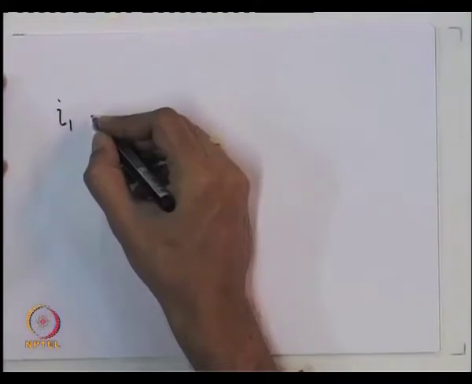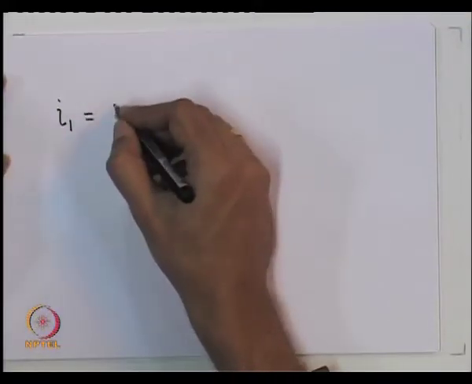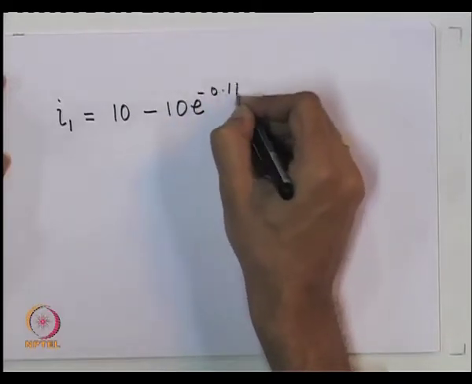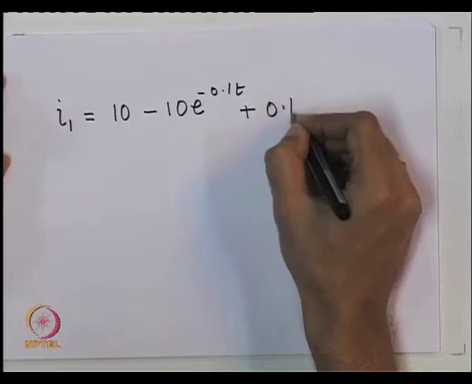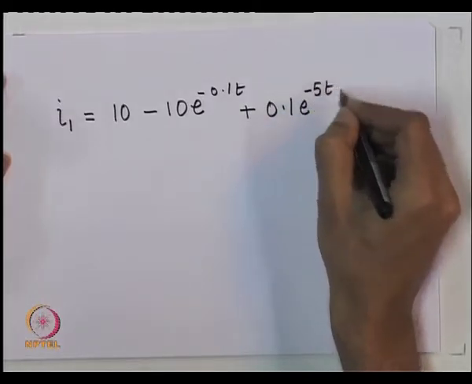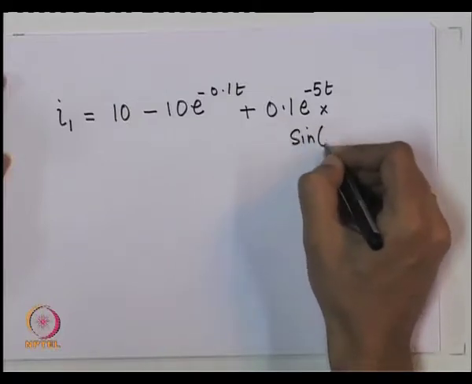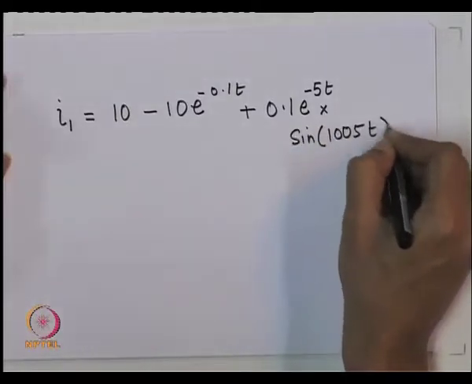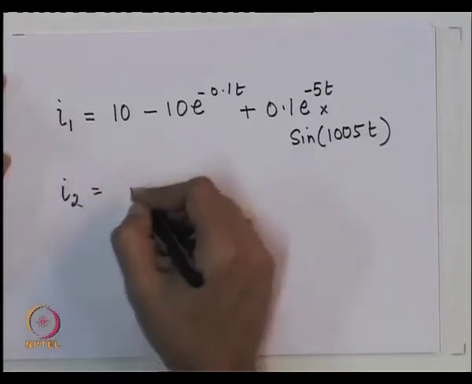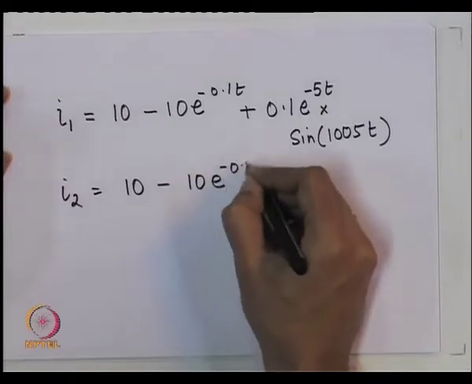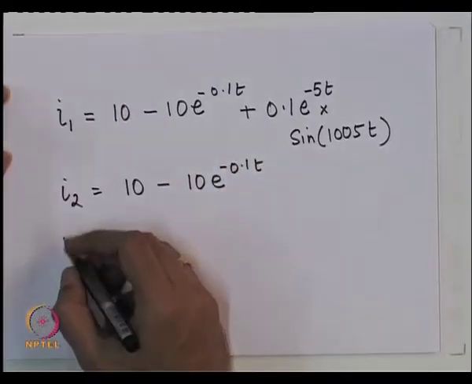If you recall, the response of I1 using eigenvalue analysis is 10 minus 10 e raised to the power, into sine of 1005 t. I2 is this approximate, not exact, but this was analytically derived using eigenvalues and eigenvectors.